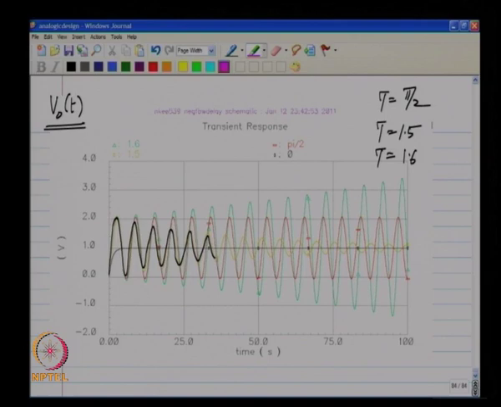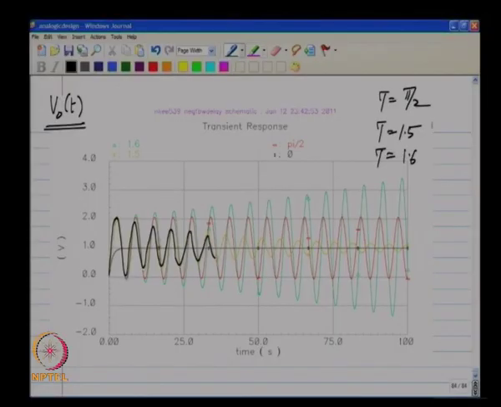Now, this is a stable system technically, but this is not a usable amplifier though, because it takes a really long time to settle, because you can compare it to the case without delay, and that is settling within a few time constants, whereas for tau equals 1.5 it has not settled even after 100 time constants, but technically it is stable, because if you do leave it for long enough, it will settle to the steady state.